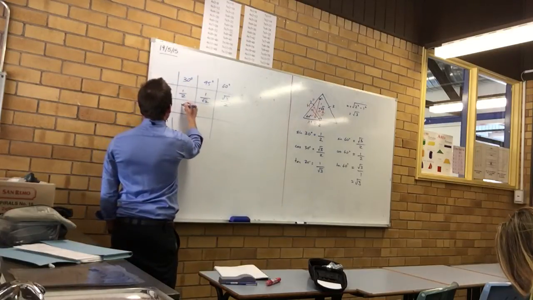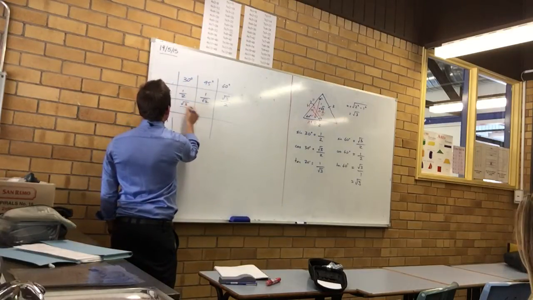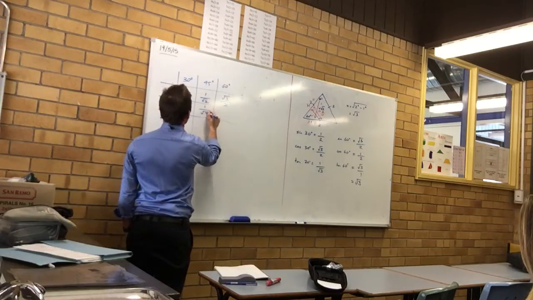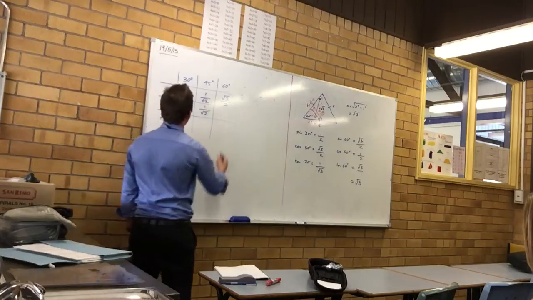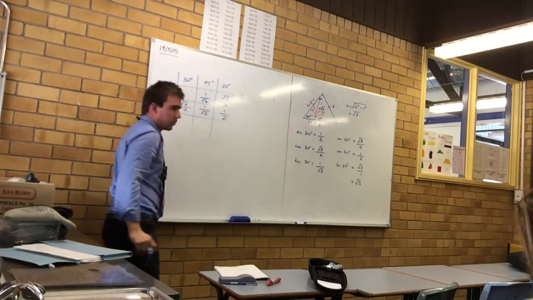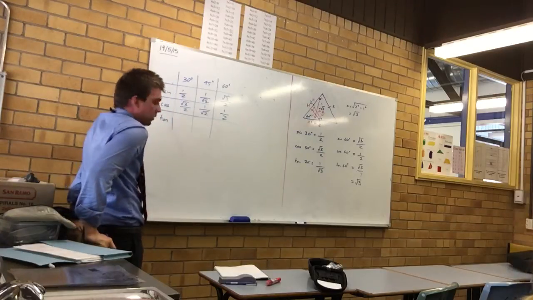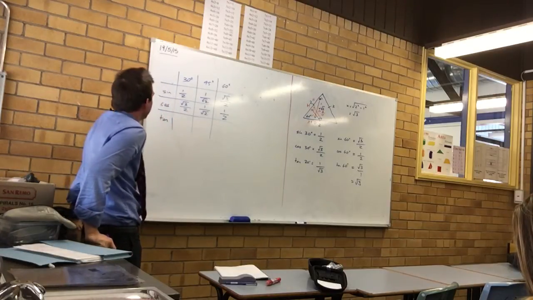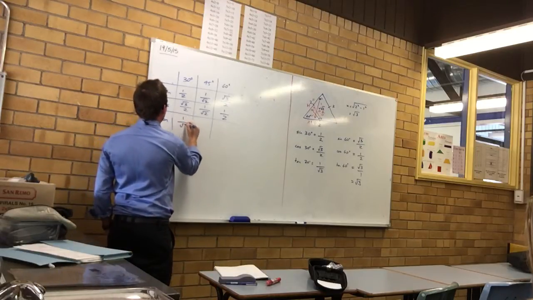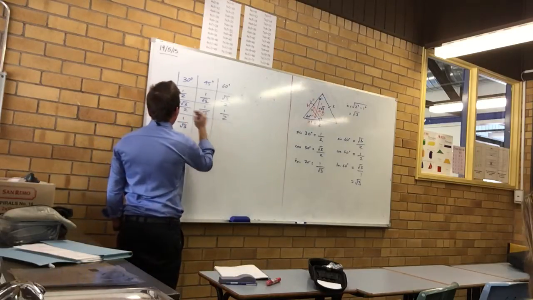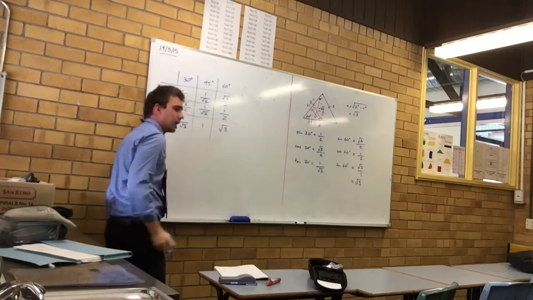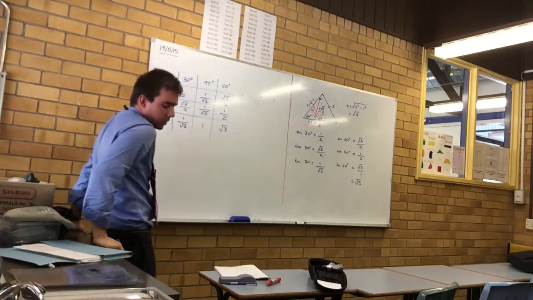Alright, so cos of 30, which is the same as sine of 60. Cos of 45, which is the same as sine of 45. And cos of 60, which is the same as sine of 30. Using the complementary angles that we did earlier this topic. Alright, tan, we've got 1 on root 3 for tan of 30. We have 1 for tan of 45, and then we have root 3 for tan of 60.